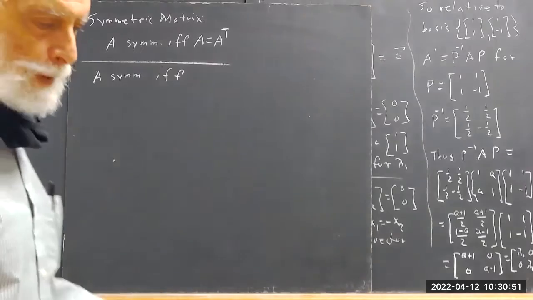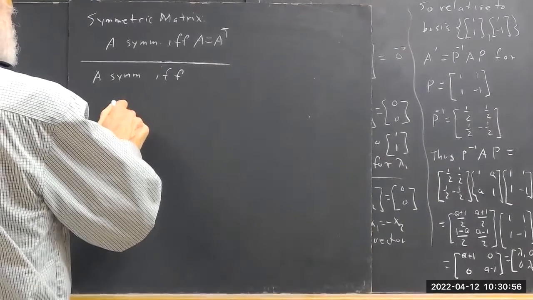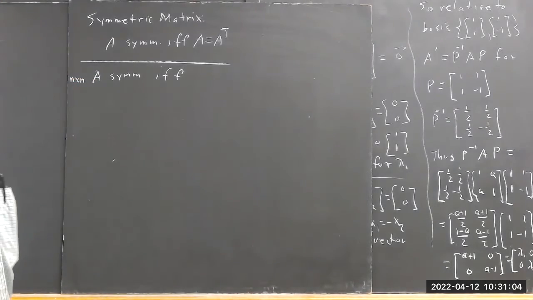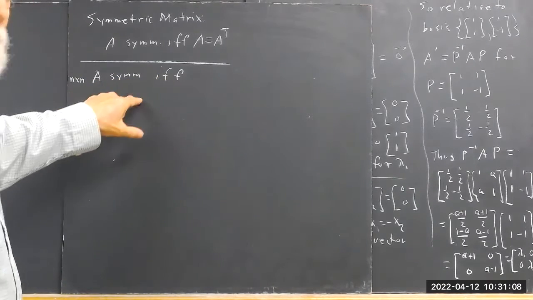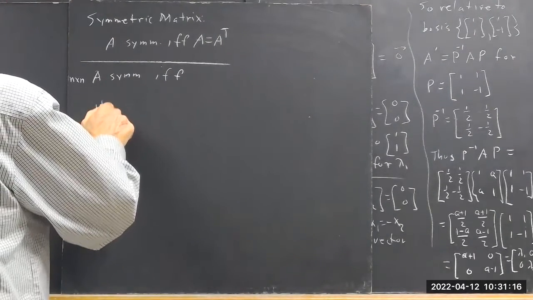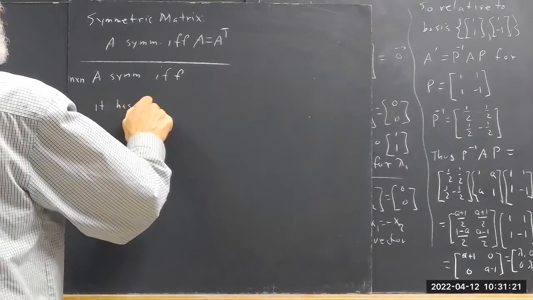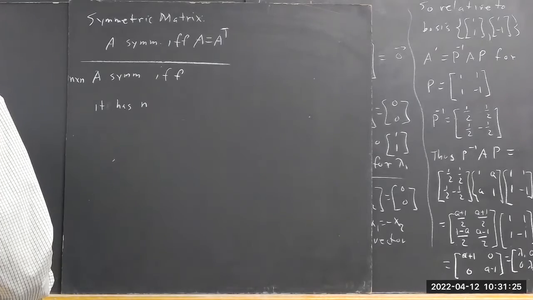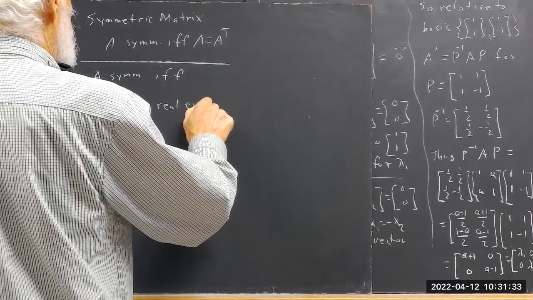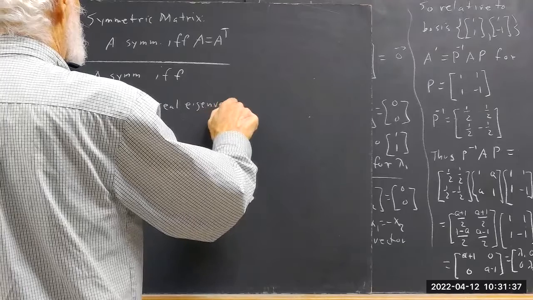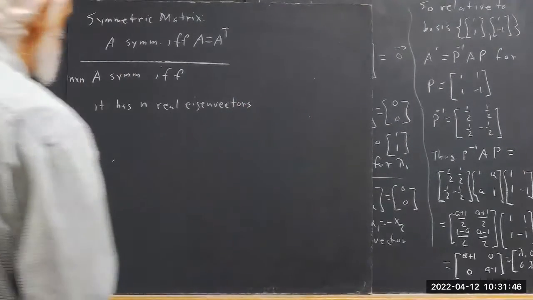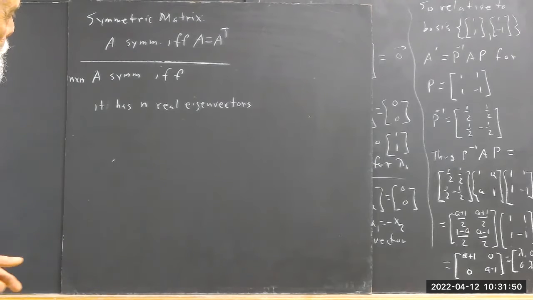Now, say you've got an n by n symmetric matrix. I'm saying the n by n matrix A is symmetric if and only if it has n real eigenvectors.